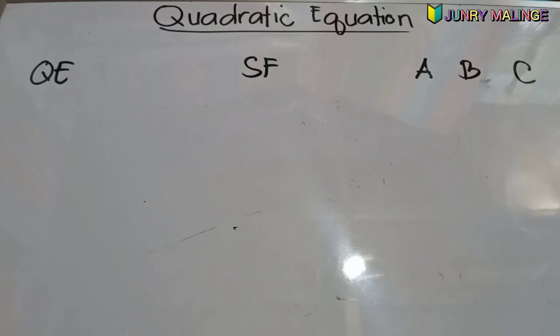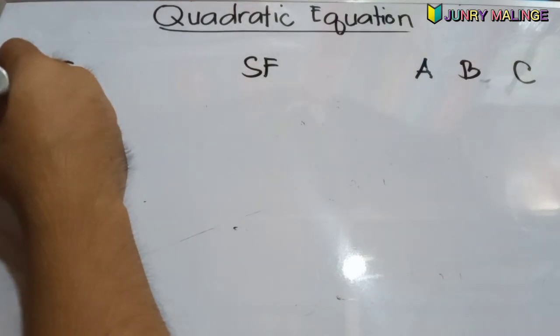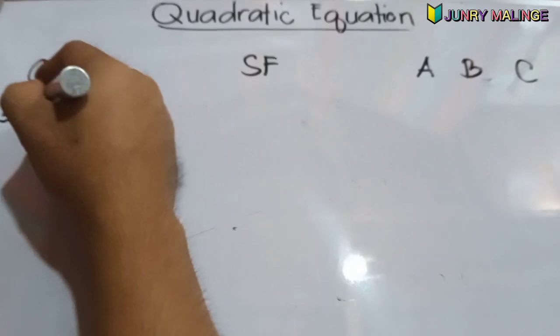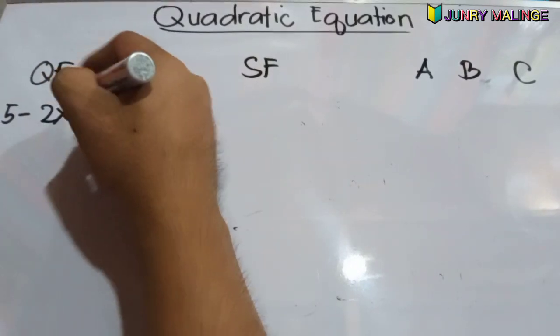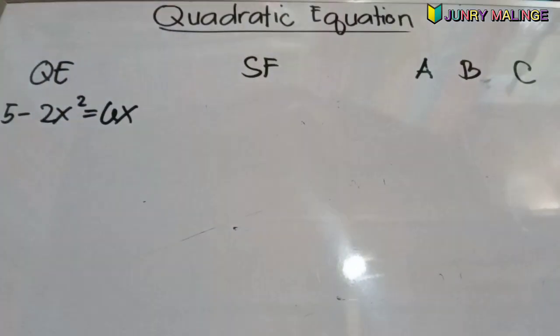So for example, number 1, we have 5 minus 2x raised to 2 equal 6x. Paano natin makukuha in standard form?